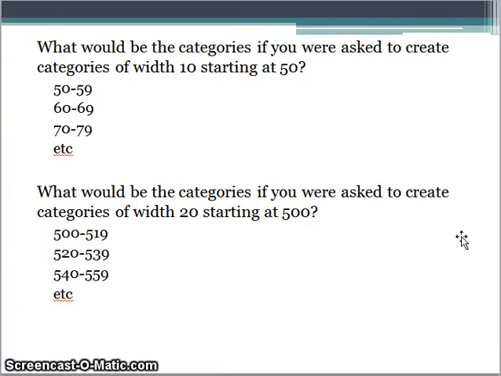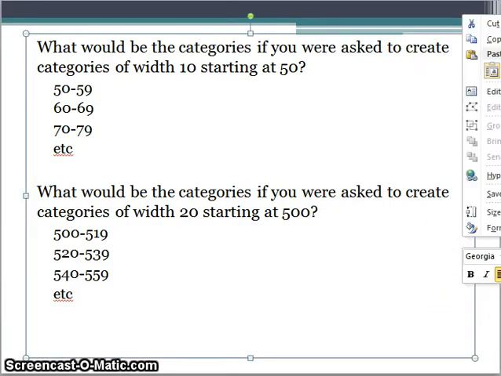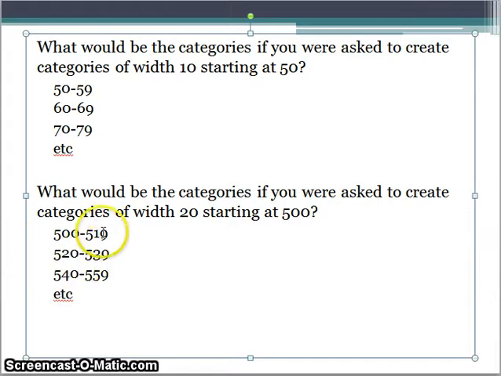So you wouldn't go 50 to 60, you'd go 50 up to almost 60. All right? And then it would be the same thing if you're asked to create categories of width 20, starting at 500. Your categories would start at 500, 520, 540, etc. And then your upper limits would be right up until the closest thing to the next category.